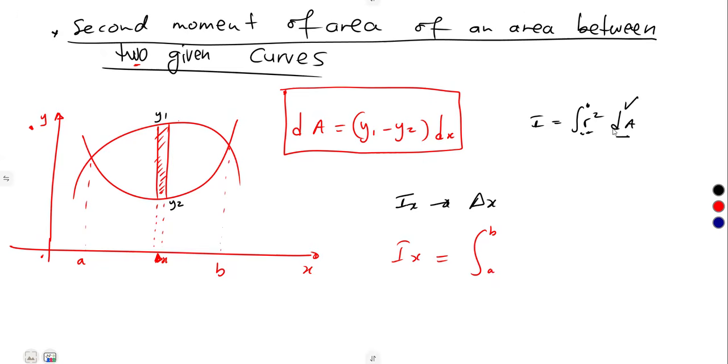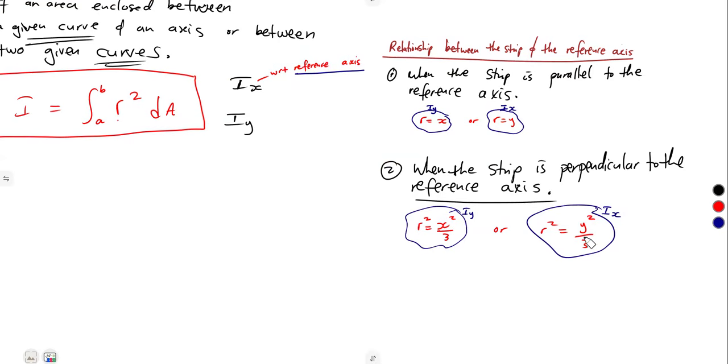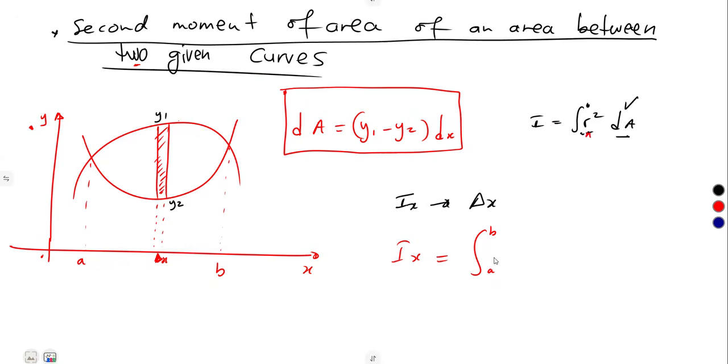There, our dA we have, but we need, from the formula, y squared over 3, because it's with respect to x. So that's our r, y squared over 3, times the area expression, which is y1 minus y2 with respect to x. That is the area expression of the strip.